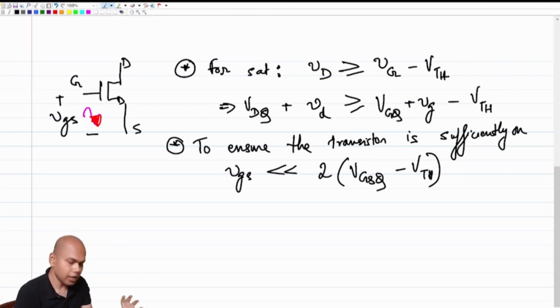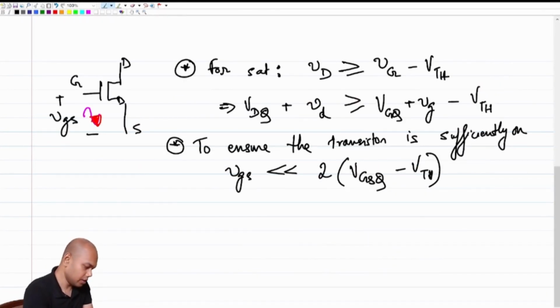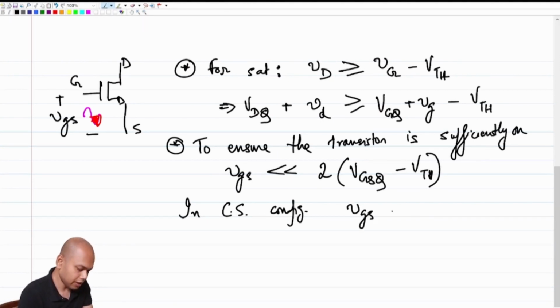And in a common source configuration, what is this incremental VGS? In common source configuration, this incremental VGS is the input that has been applied directly, right?